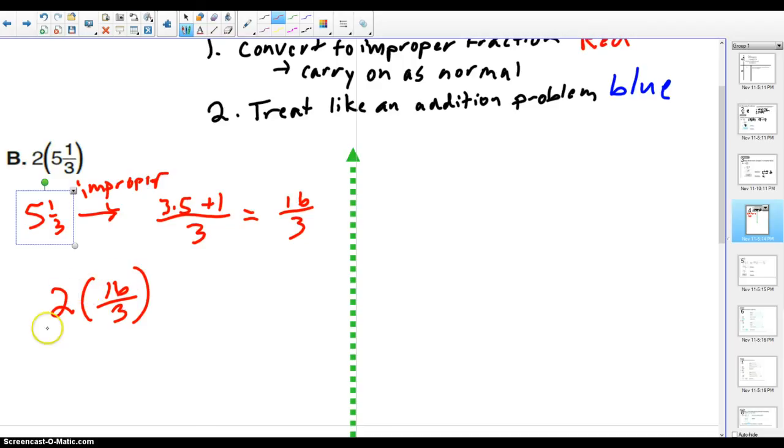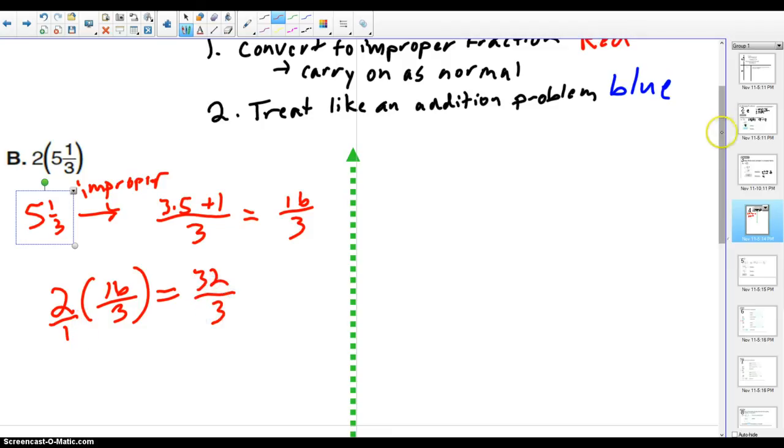And we just multiply like we did in the previous ones. 2 is the same thing as 2 over 1, and then we multiply our tops together, and we get 32 over 1 times 3, just 3.